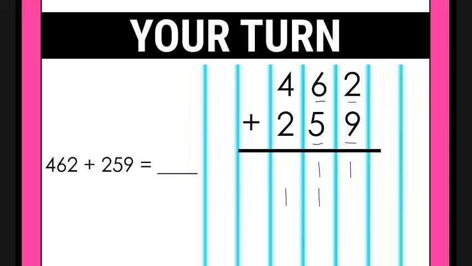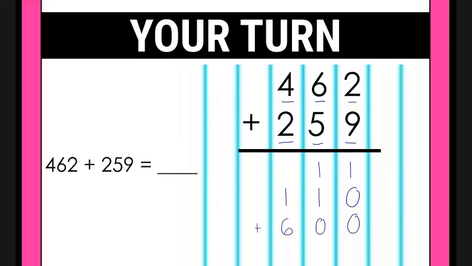So I'm going to write 11 tens, or 110. Now we're going to add our hundreds. We have 4 hundreds plus 2 hundreds. 400 plus 200 equals 600.